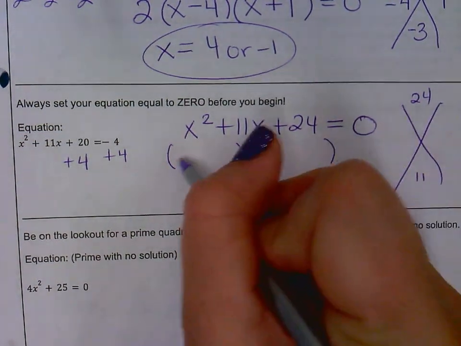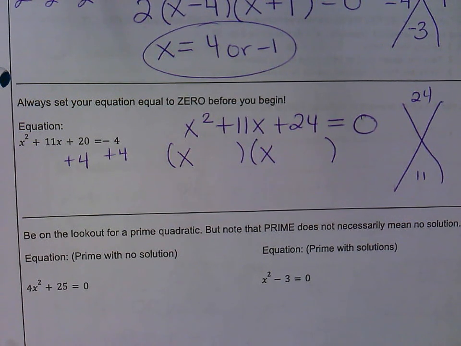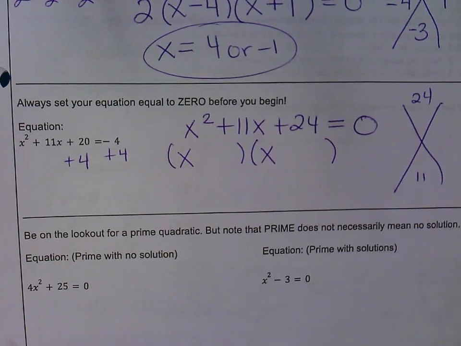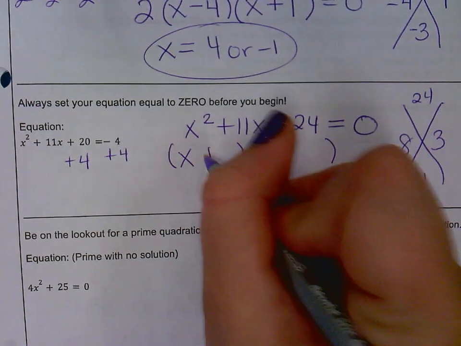Set up 2 terms, put an x in each. What are the factors of 24? Can you think of them? 8 and 3, 6 and 4, but 6 plus 4 is 10. 8 plus 3 is 11, right? x plus 8, x plus 3.